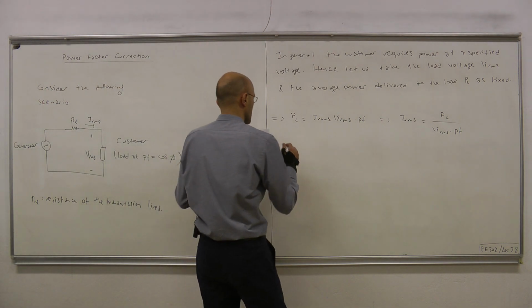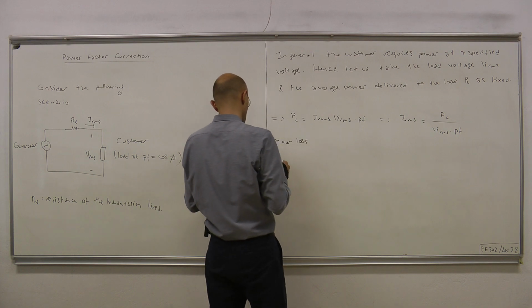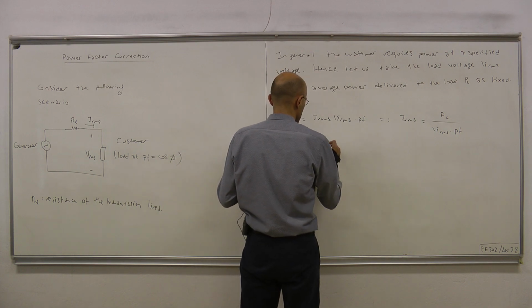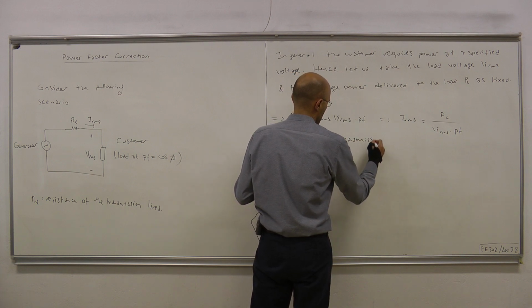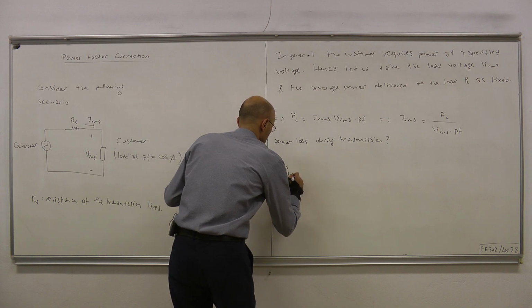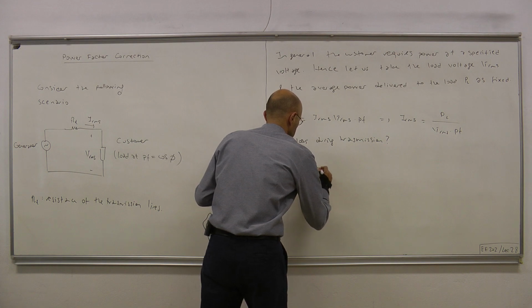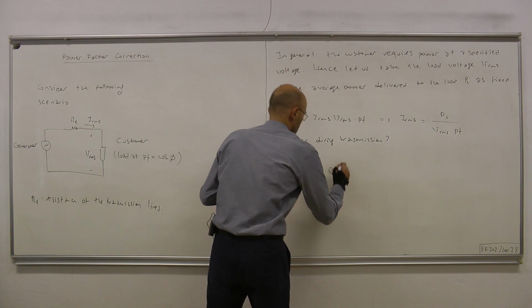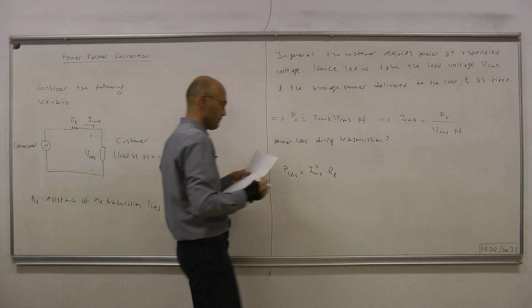So power lost during transmission is P loss equals I RMS squared times the resistance of the transmission lines, RL.